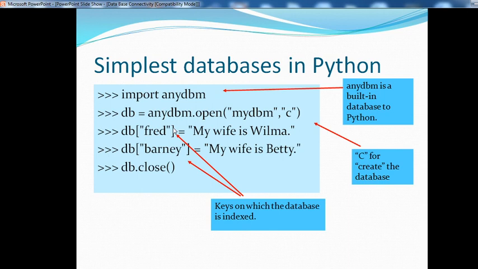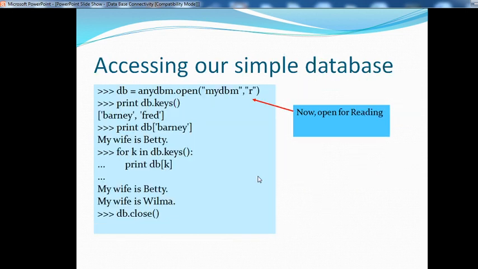Then print db.keys(), Barney and Fred. Print db Barney, my wife is Betty. And for key in db.keys(), print db k, my wife is Betty and my wife is Wilma. Then db.close.